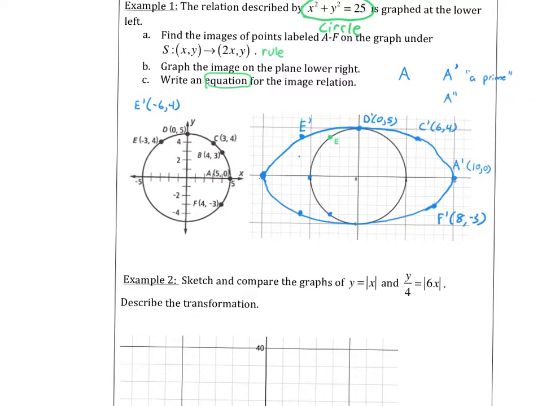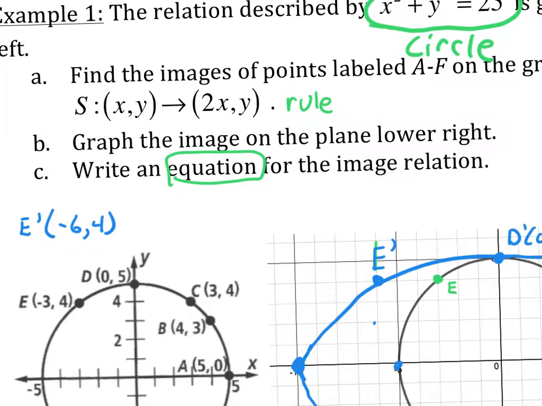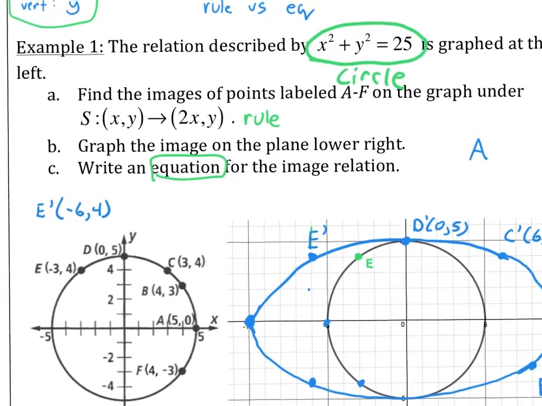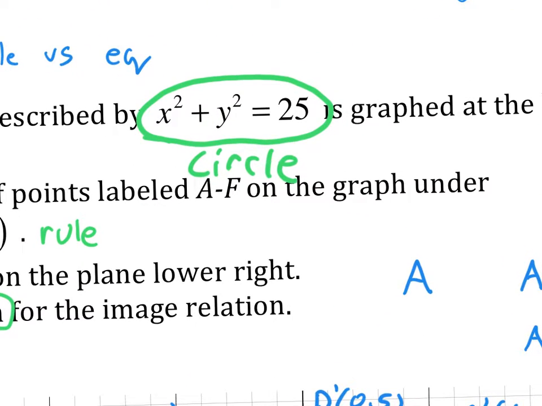Now it's asking us to make the equation. So remember, the rule simply says, if I want to stretch it twice as large, times 2. Now the equation says I need to inverse that. So instead of doubling it, I'm going to cut it in half. So this is what my equation will look like. Notice I only want to change the x.